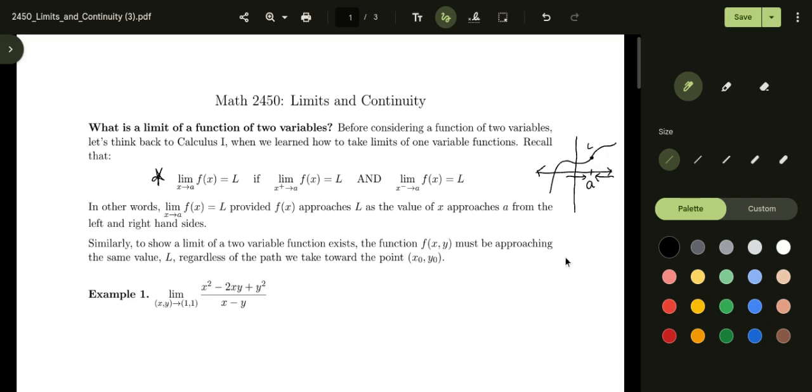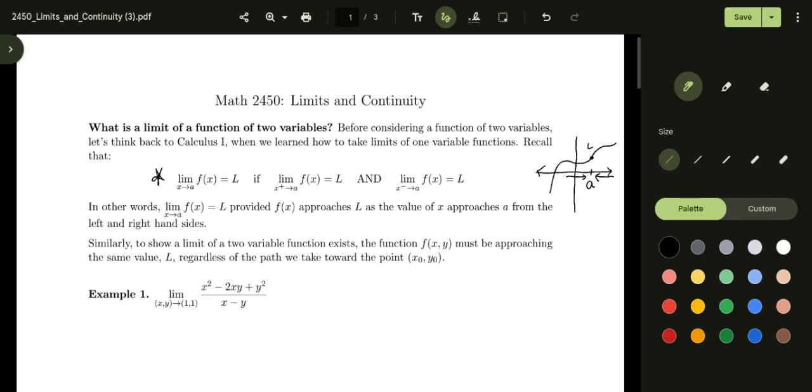And so this is very similar to how we're going to find the limits of two variable functions. One main difference is that since it's two variables, instead of x approaches a, we're seeing that a point xy is approaching some determined point that we're given in the problem, x naught, y naught.